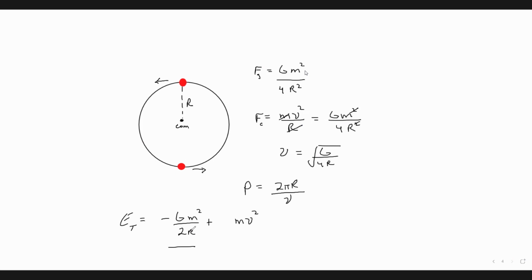Now, what about the kinetic energy of the system? 1/2 m v squared for each mass, so it's just m v squared. And that is equal to minus G m squared over 2r plus m times G over 4r.